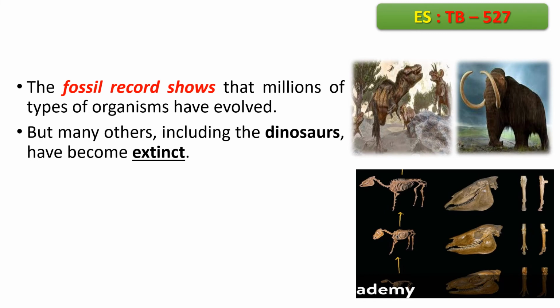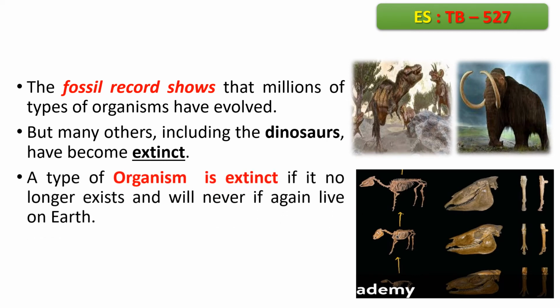The fossil record shows that millions of types of organisms have evolved, but many others, including the dinosaurs, have become extinct.